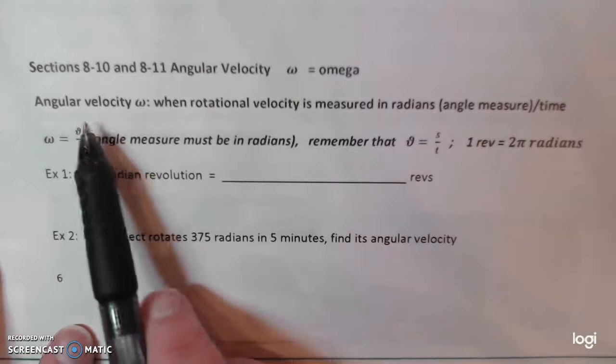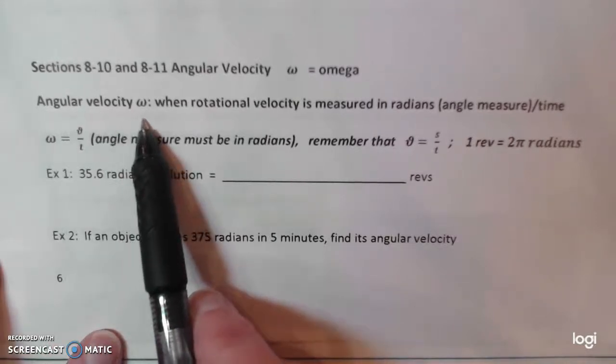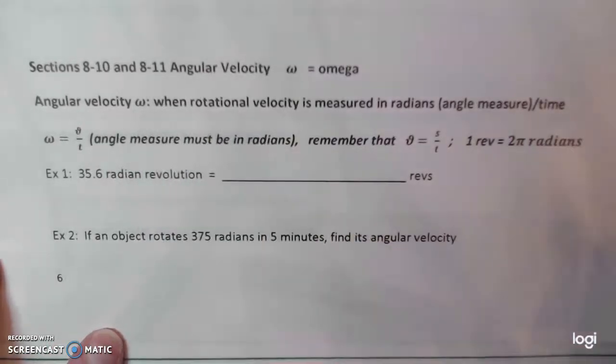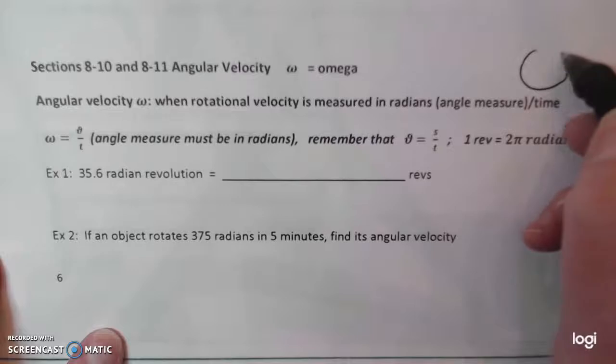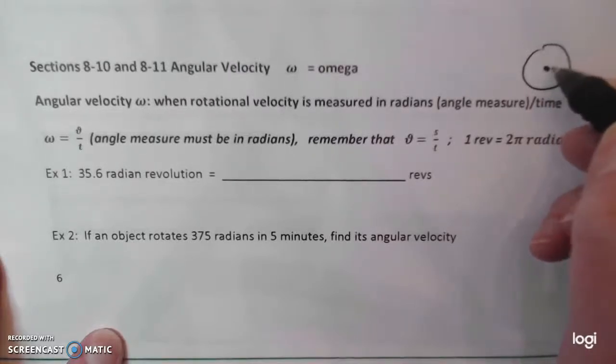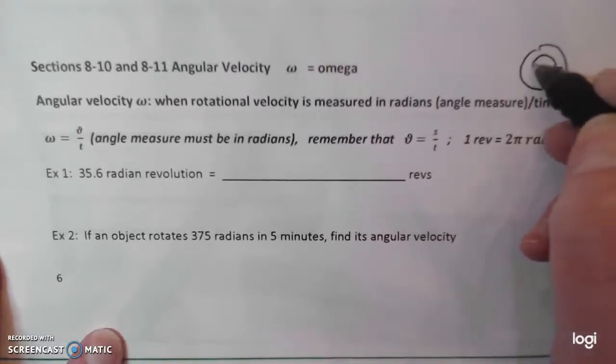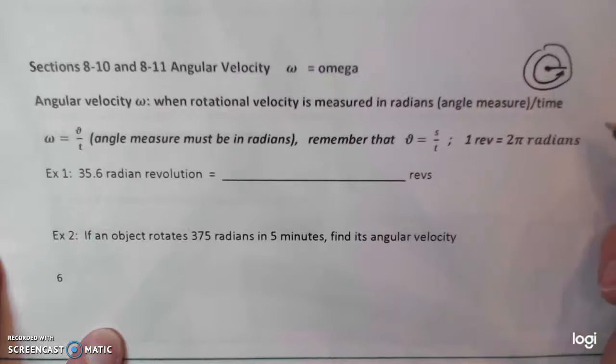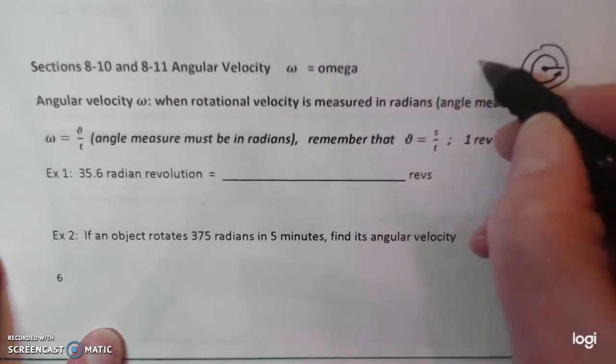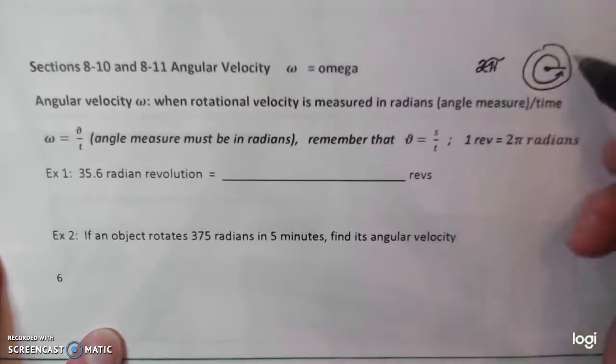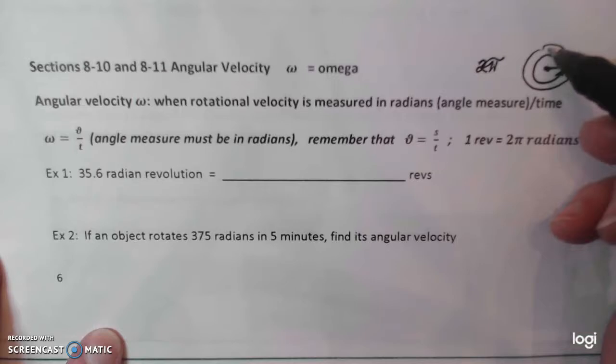So angular velocity, omega, is when that rotational velocity is being measured in terms of radians. For example, when you go once around the circle, you have traveled 2 pi radians. If you travel only partway around the circle, you might travel pi over 4 radians.